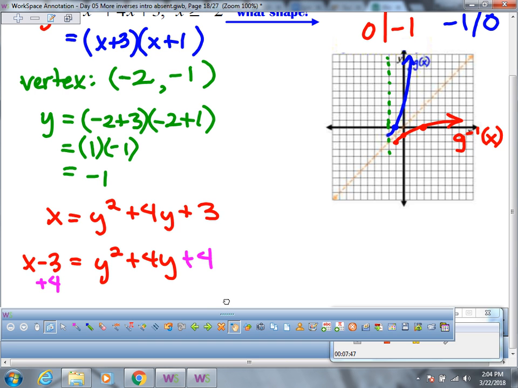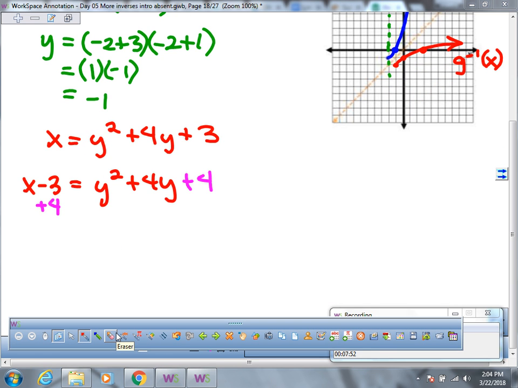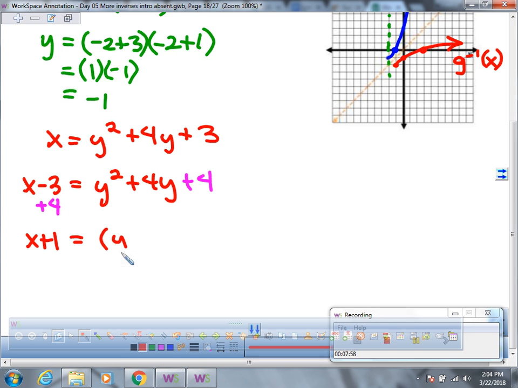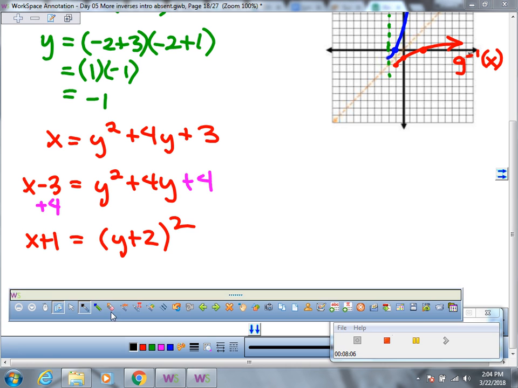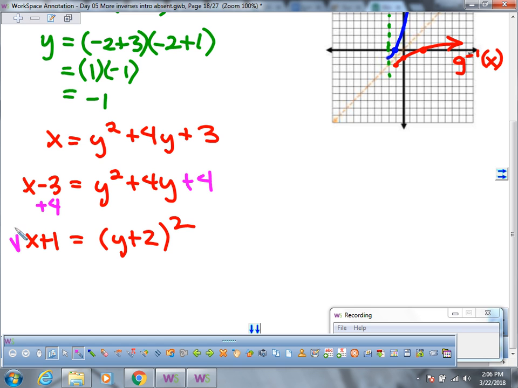Okay? All right, now we have plus 4 minus 3 is plus 1. So x plus 1 equals y plus 2 squared. Now can I get rid of the square? I'm going to get rid of the square by square rooting both sides.